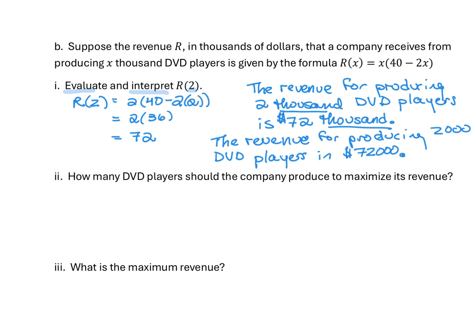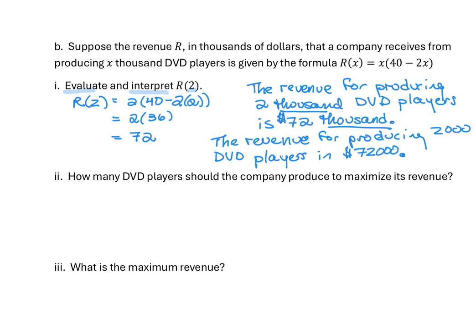Either one of those is technically correct. It just depends on whether you have the words already in the statement for you or not. We cannot say the revenue from producing 2,000 DVD players is 72. That makes no sense. And so we do want to be careful when we're inputting our answers.